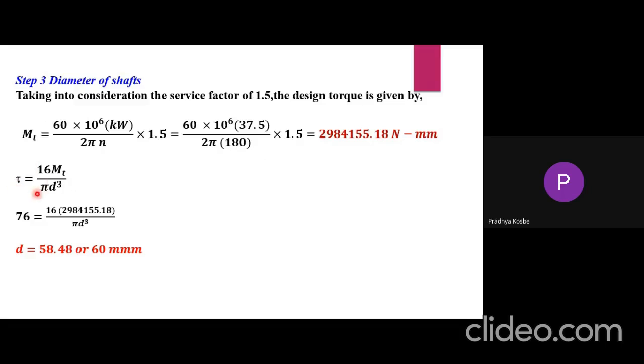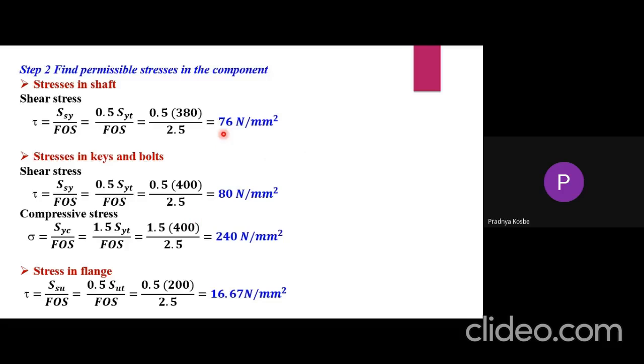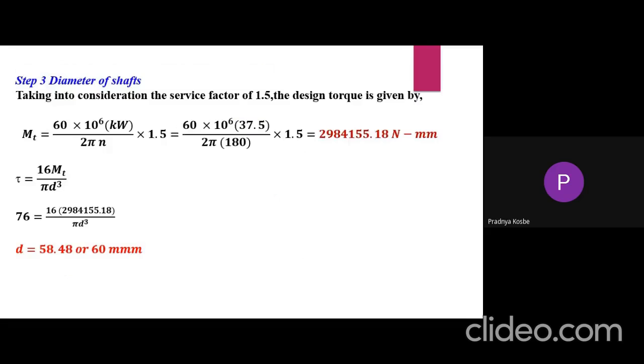Put the value of Mt in this equation of shear stress developed in the shaft. Tau permissible for the shaft is 76 Newton per mm square. Put that value and we get the answer: d is 58.48 or 60 mm.